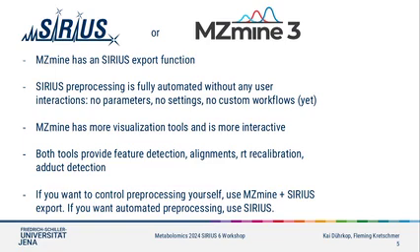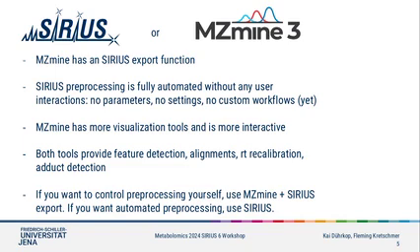I would say the big advantage of MZmine is its interactivity. So if you want to interactively process your data and really look at each peak and decide what's the baseline and where do I put it, or where do I detect the peak and split the trace into peaks, then you should use MZmine, I would say, because it offers you a lot of parameters and so on.